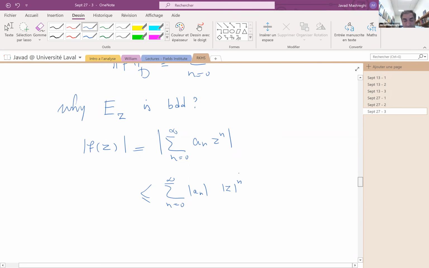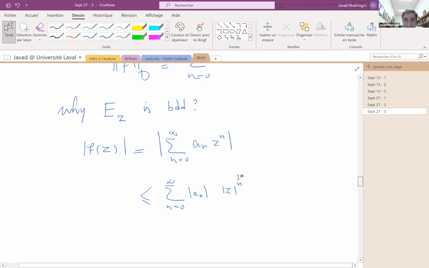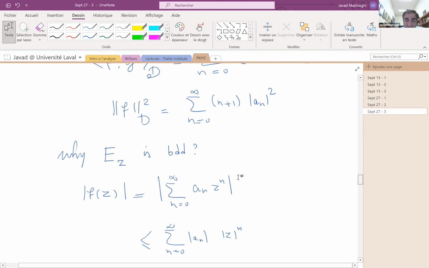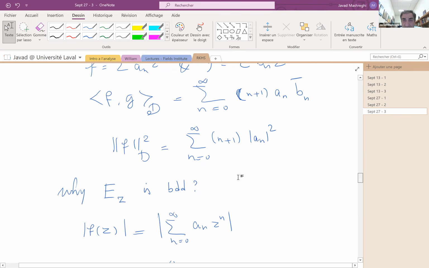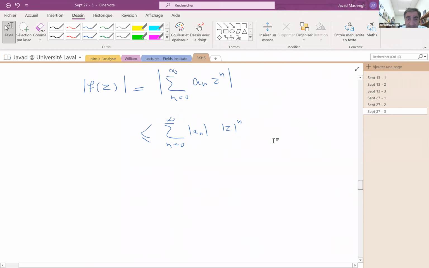If we apply Cauchy-Schwarz here, it's not good because we end up with the combination we had in the Hardy space setting. We'll obtain the sum of mod a_n squared times the sum of mod z^n squared, that is, z^{2n}. We don't want mod a_n squared. We want n plus 1 times this. To obtain this, I do this trick.